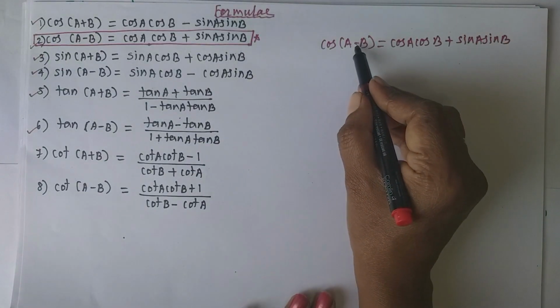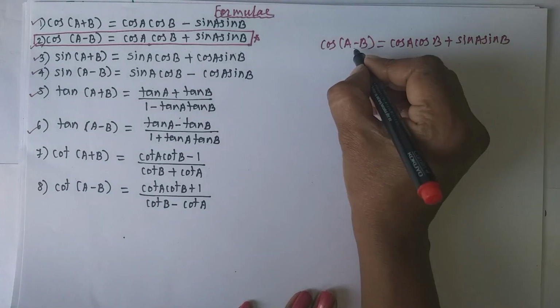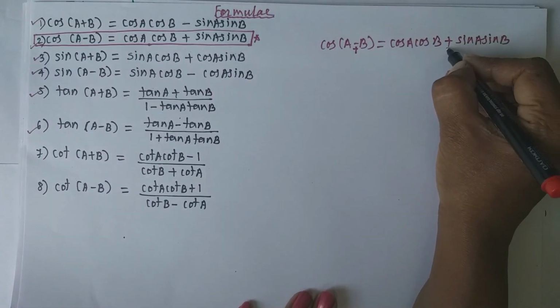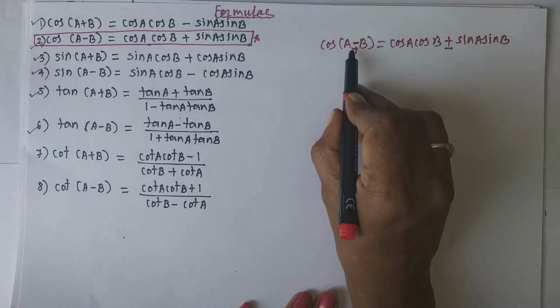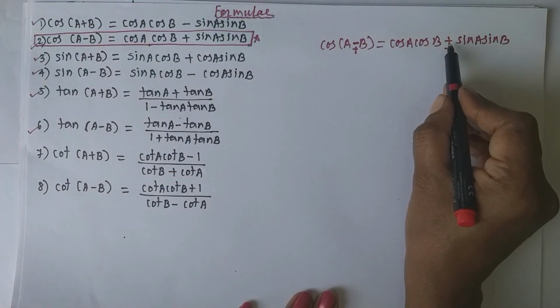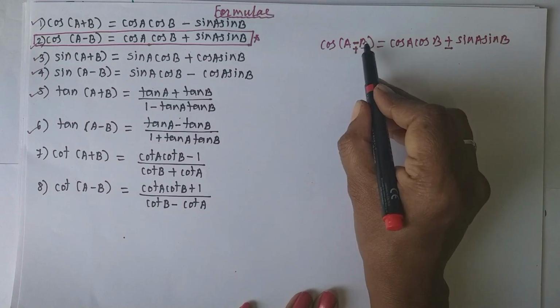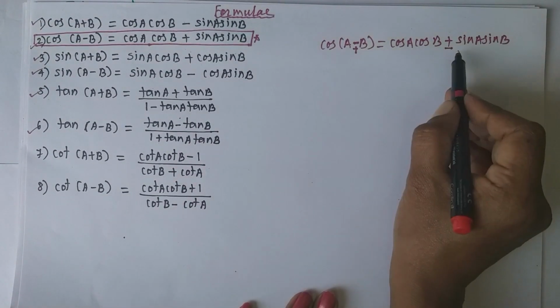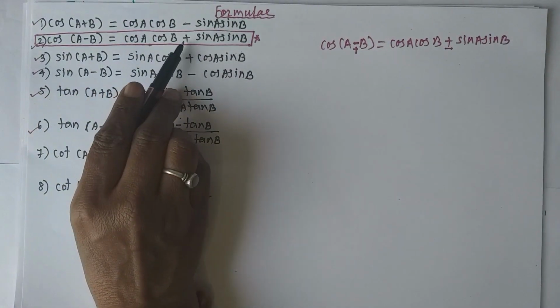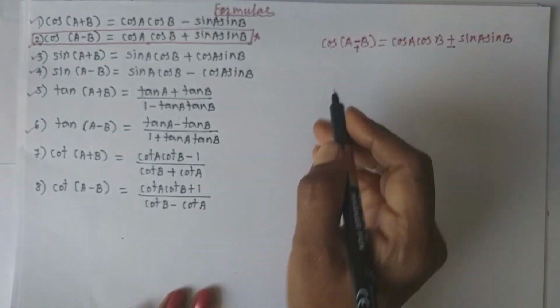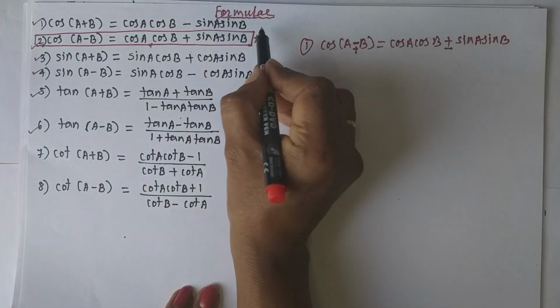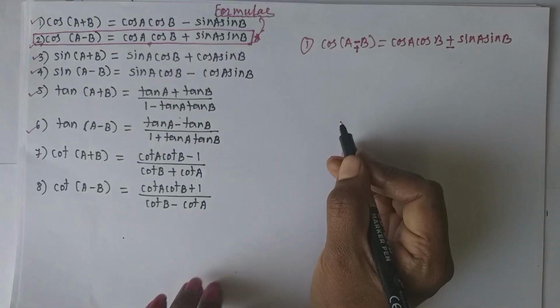If you take here the upper sign, then here you take the upper sign. If you take the lower sign, then lower. For minus there is plus, and for plus, minus. Means these two formulae I have written in one form.